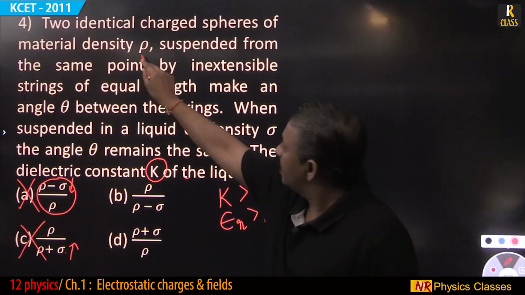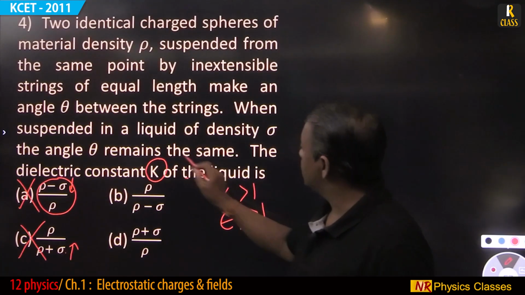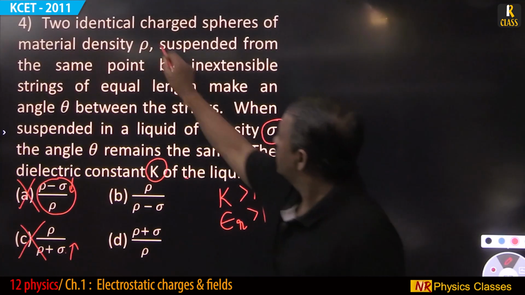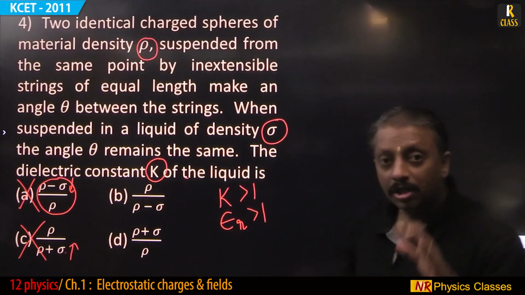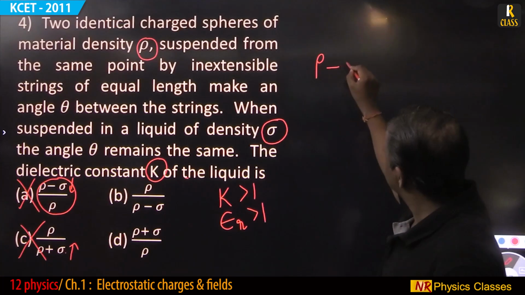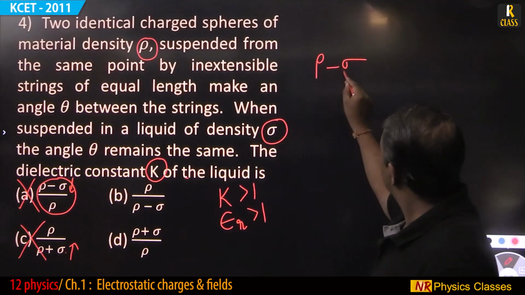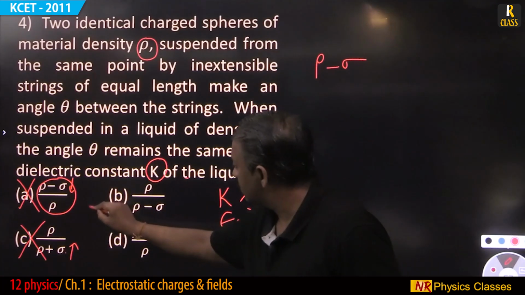There is a material of density rho in a liquid of density sigma. Then what matters is density of the object minus density of the liquid. So among these two, this is found in this. Therefore, this should be the answer.